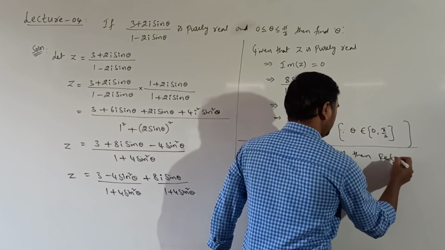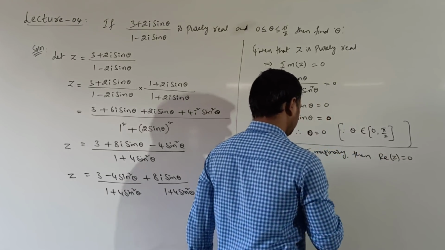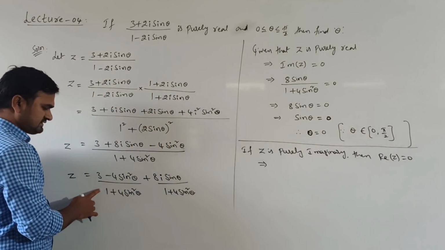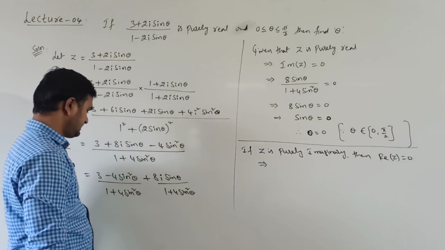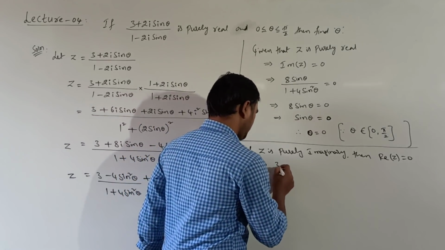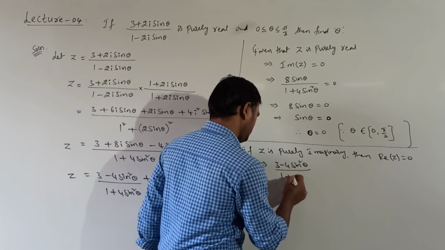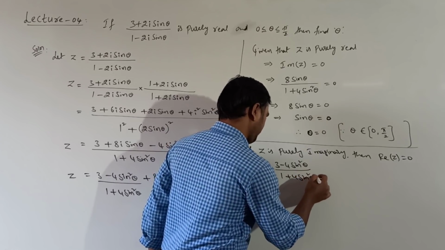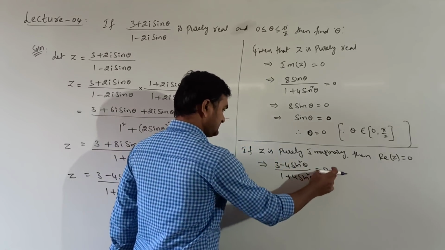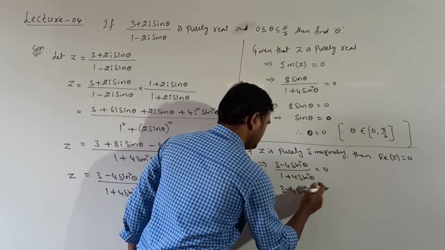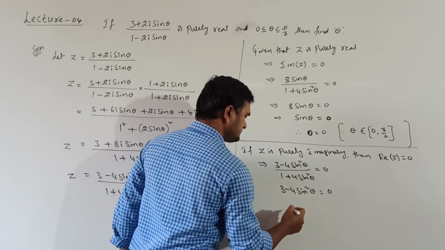Then the real part of z must be 0. So what is the real part here? The real part is this one, (3 minus 4 sin square theta) by (1 plus 4 sin square theta), is equal to 0. Cross multiply: 3 minus 4 sin square theta equal to 0 into this, which will become 0.